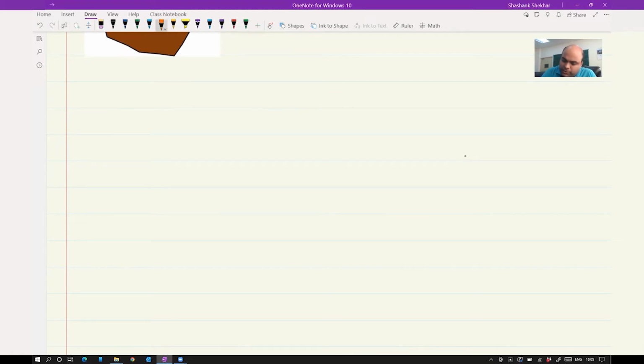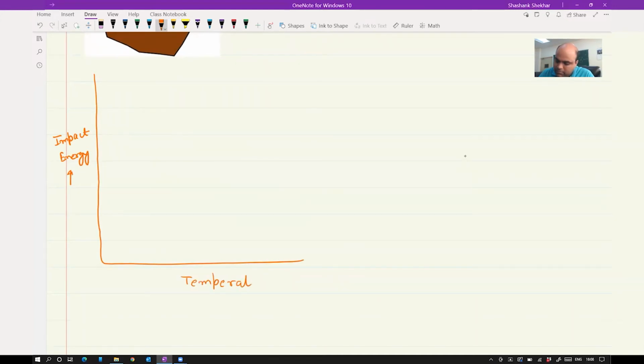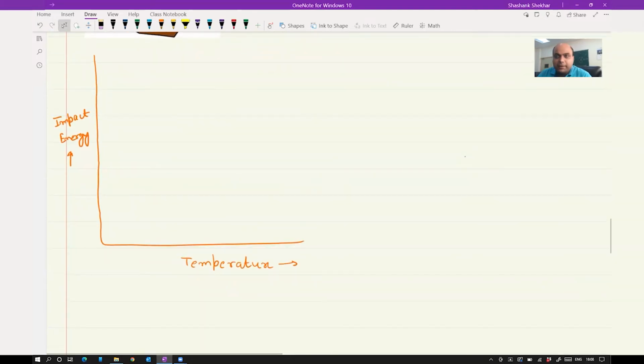So what you can do, you can plot impact energy on the y-axis and temperature on the x-axis. And with different temperatures you are going to obtain different impact energy.